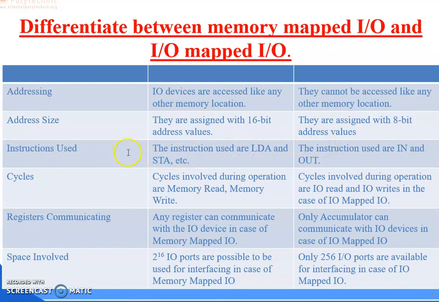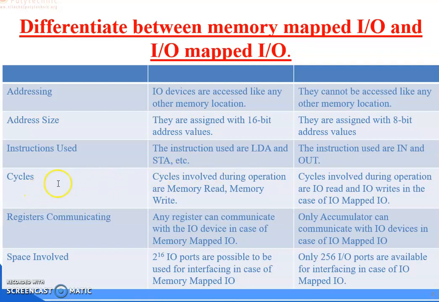Then in terms of instructions used, the instructions are LDA and STA in case of memory mapped IO, and in case of IO mapped IO, the instructions used are IN and OUT.